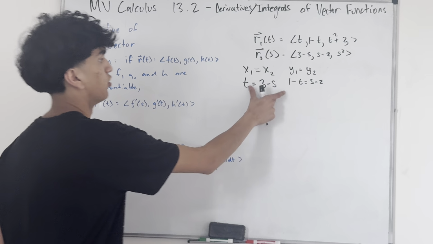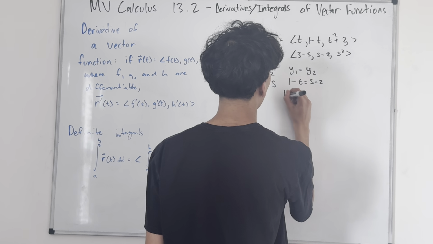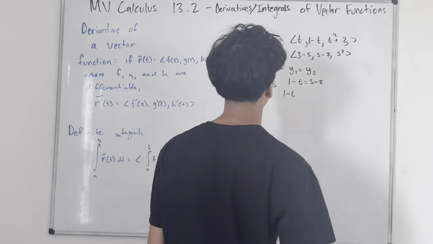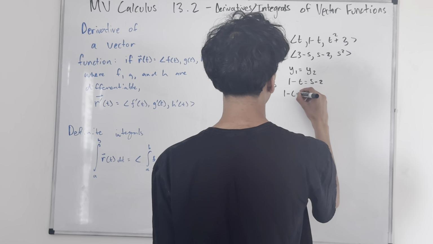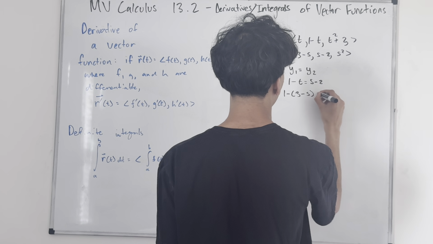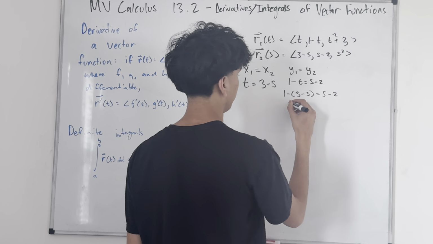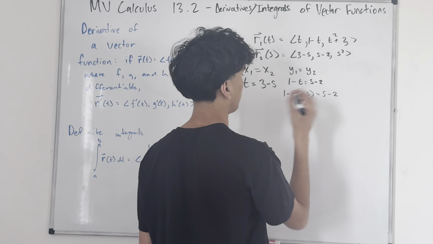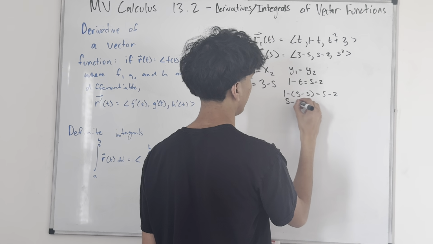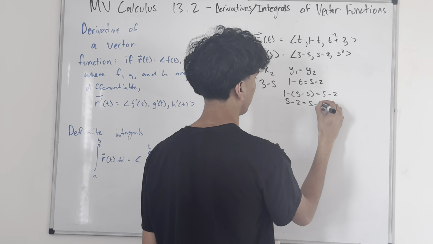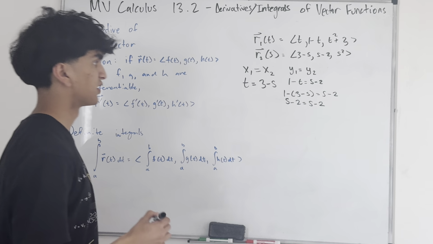I'm going to use that over here and say, well, 1 minus (3 minus s) is going to equal s minus 2. And then I get essentially s minus 2 needs to equal s minus 2.